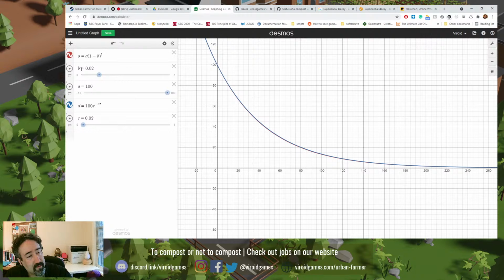With the same constant value for b and c, 2%, the two equations have the lines overlapping.